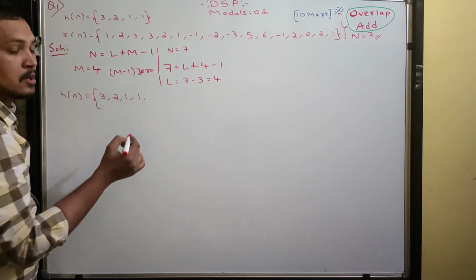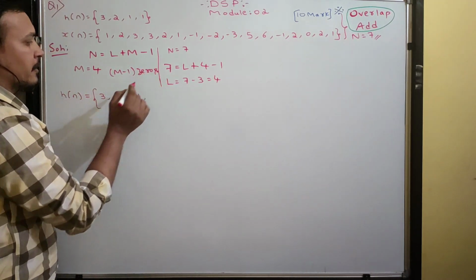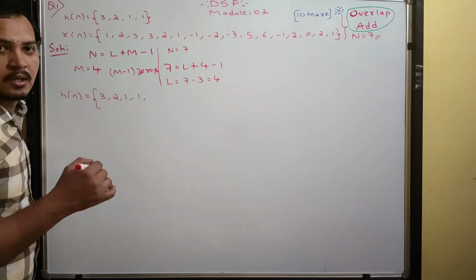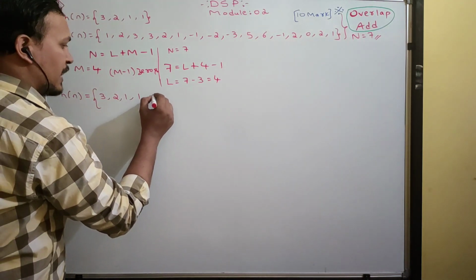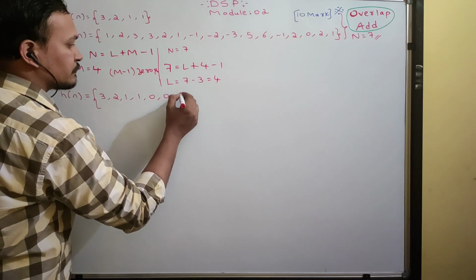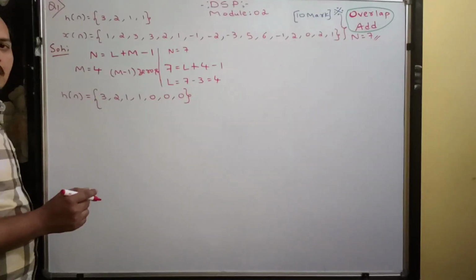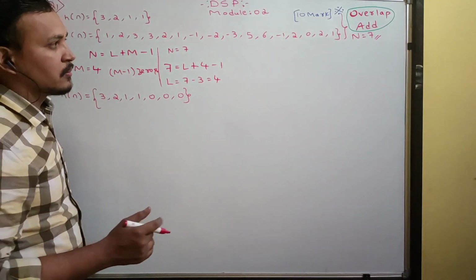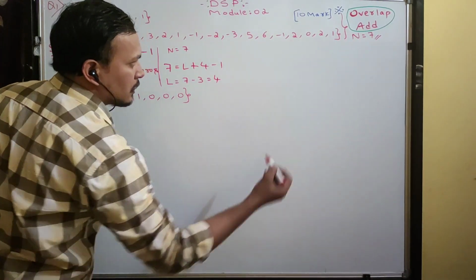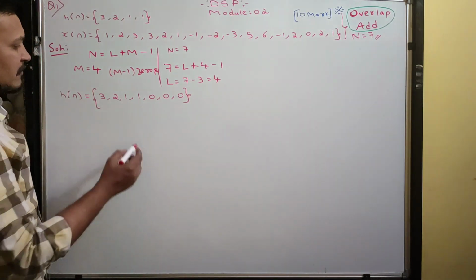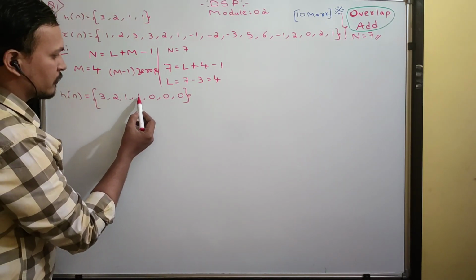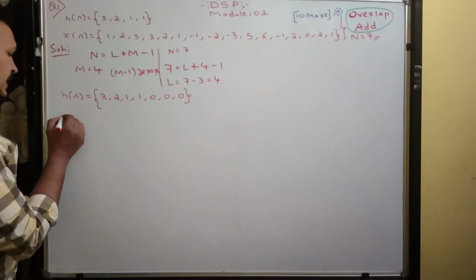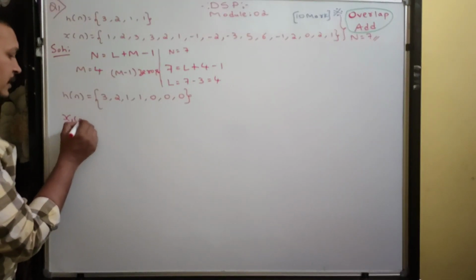What is the M value? 4. 4 minus 1 is 3, so you should add 3 zeros. This is your h of n. Why did I add 3 zeros? Because I want to meet the block length of 7: 1, 2, 3, 4, 5, 6, 7. Got it? Fine.